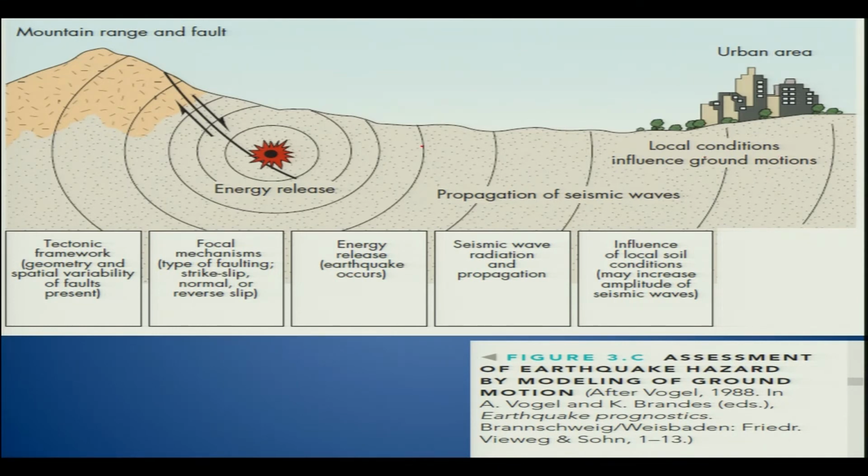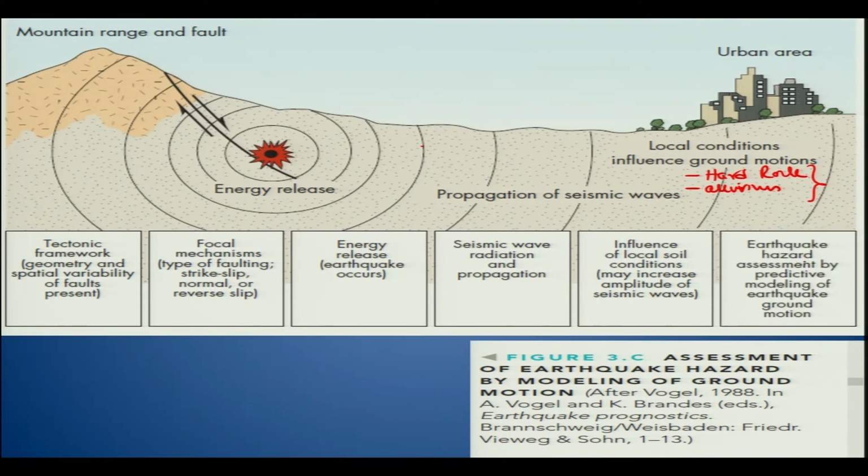As I was saying, whether we are sitting on hard rock or alluvium, these two sites are going to behave differently. Then earthquake hazard assessment by predictive modeling of earthquake ground motion.